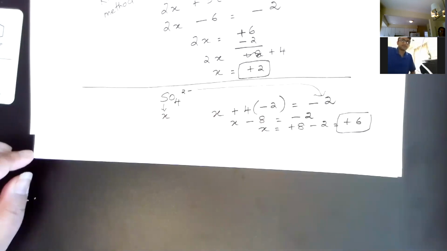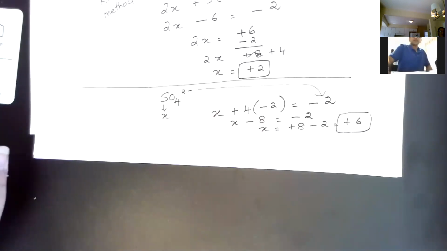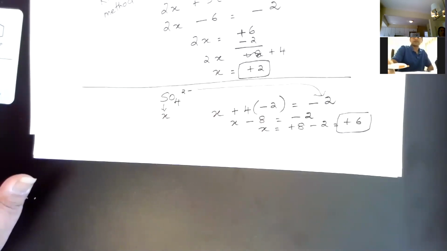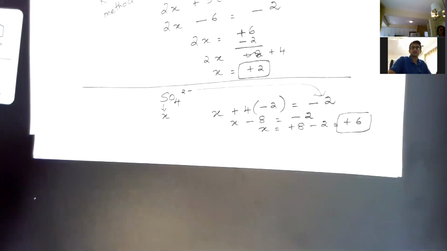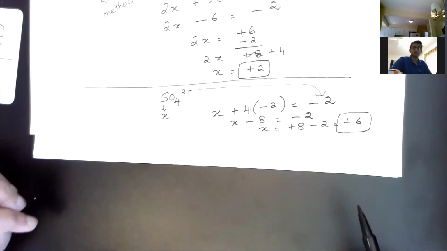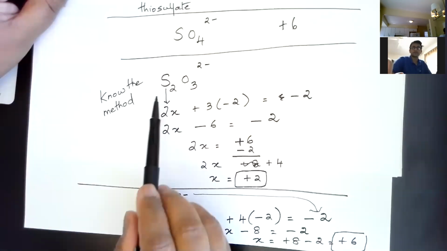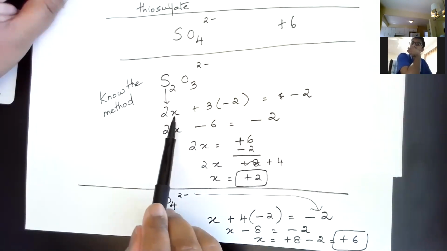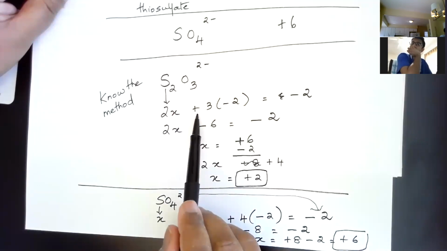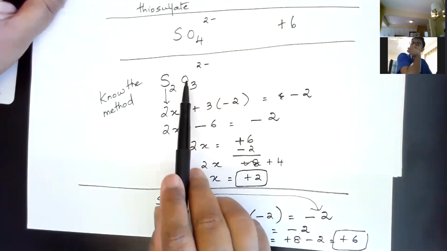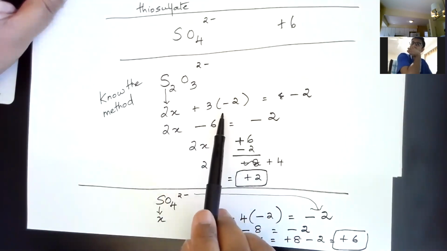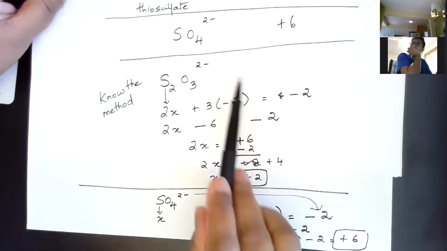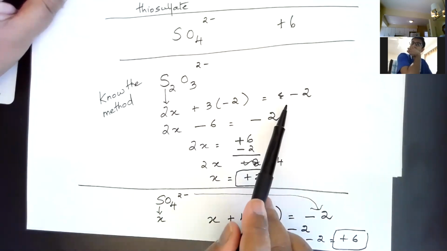If it's a neutral compound, then it'll be 0. But since this is an ion, it's -2. And then you solve the equation. Same here, though there are 2 sulfur atoms, so you put this as 2x plus 3, and each oxygen is -2, and the charge on the ion is -2.